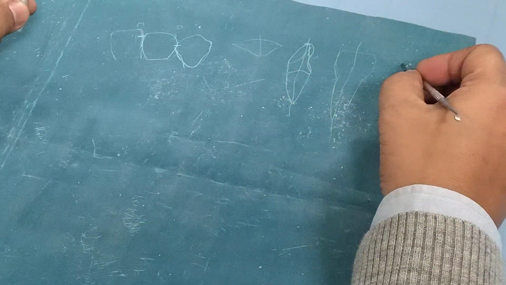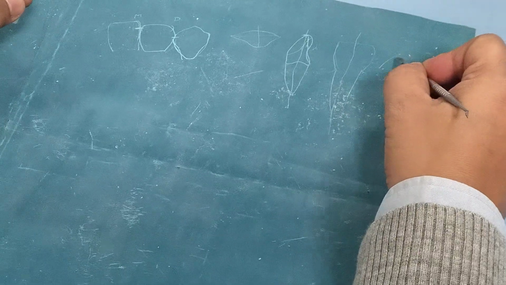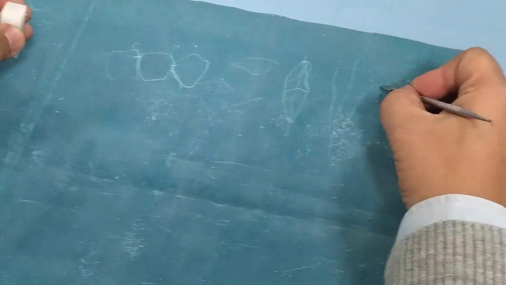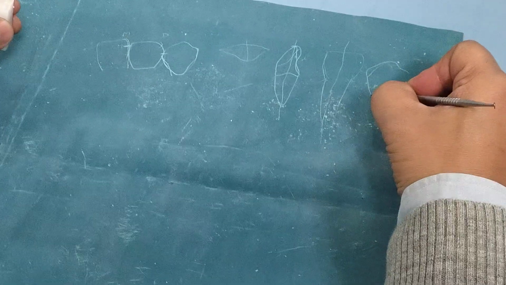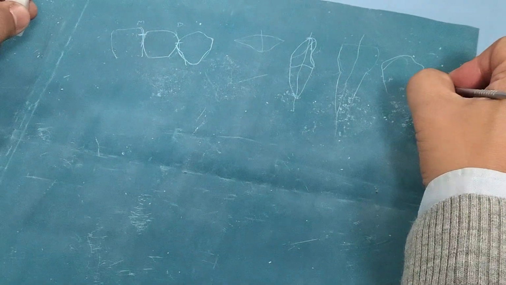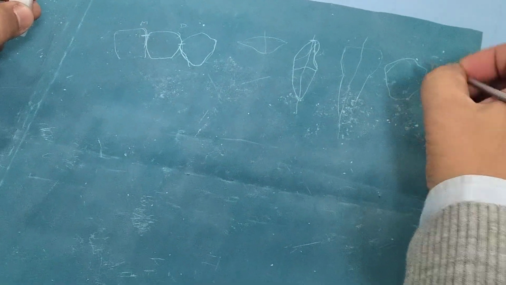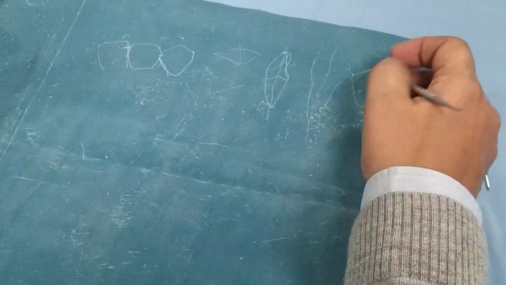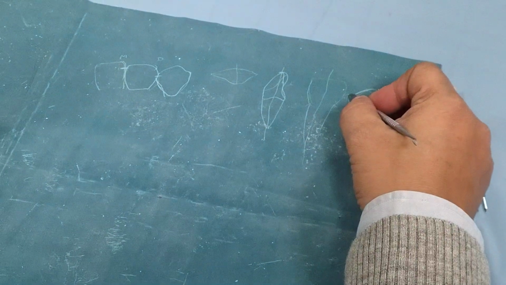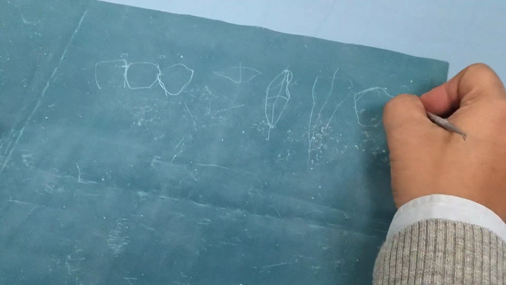Okay? When you see canine, what happens in canine? Now the mesial aspect is slightly slanted at the incisal edge in canine, okay? There is a mesial incline at the incisal edge, and there is a distal incline.